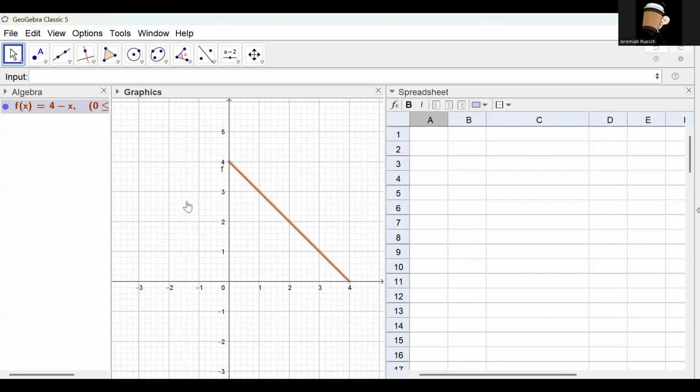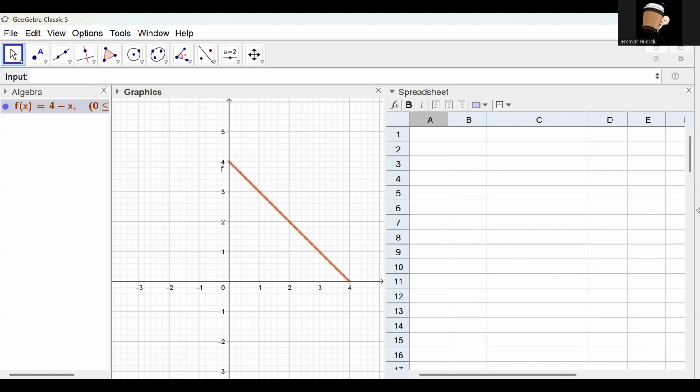So half the product of 4 and 4, which is 16 divided by 2, or 8. And so that was the exact value. And then we looked at situations when we had a lower sum and an upper sum. And we looked at the left endpoint, the midpoint, and the right endpoint for those three situations.